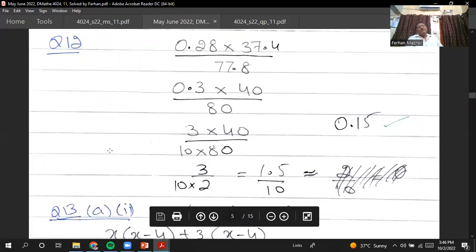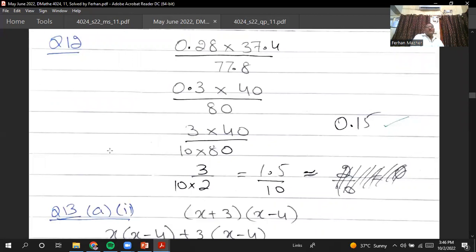So 3 by 10 multiplied by 40 by 80, so it will be 10 multiplied by 3 by 2, and that will be 1.5 divided by 10, and that will be 0.15.